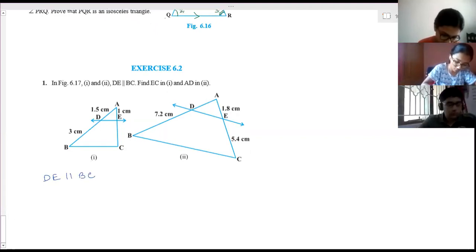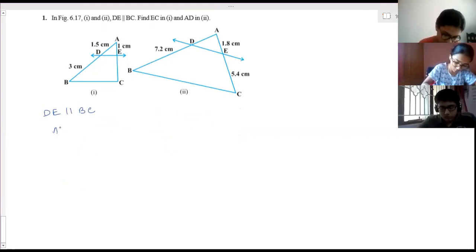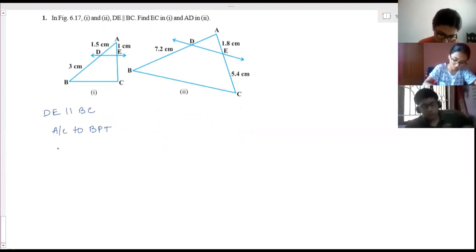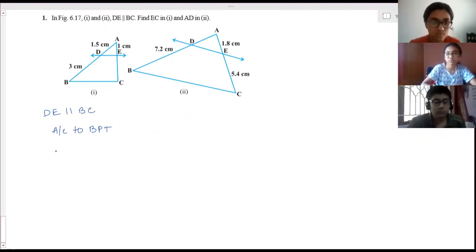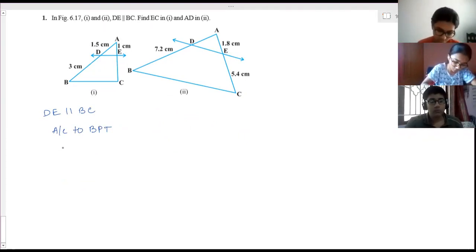So we have to use BPT. What is the statement?